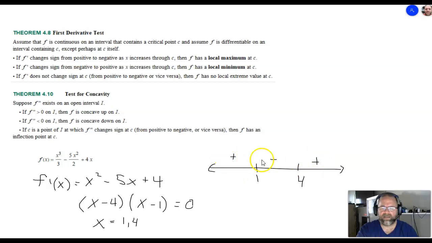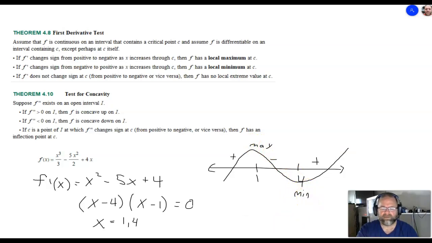So I'm going from positive to negative, and then negative to positive. So this tells me that we have a local max at 1 and a local min at 4.